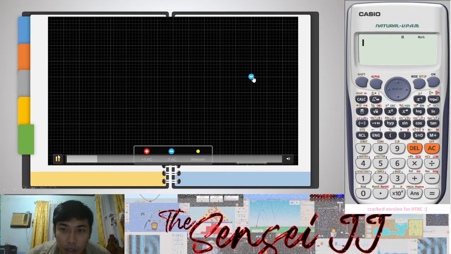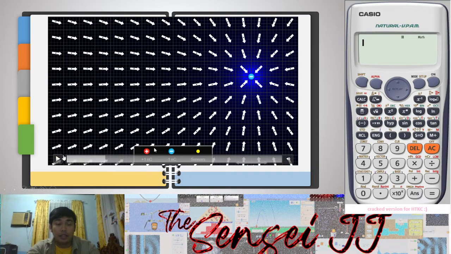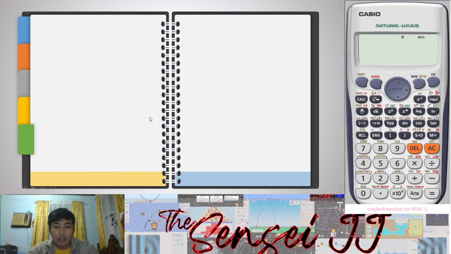When the negative charge is placed in our electric field, as you can see, the direction of the particles is going to our negative charge. Meaning the negative one is the attracting part in our electric field.